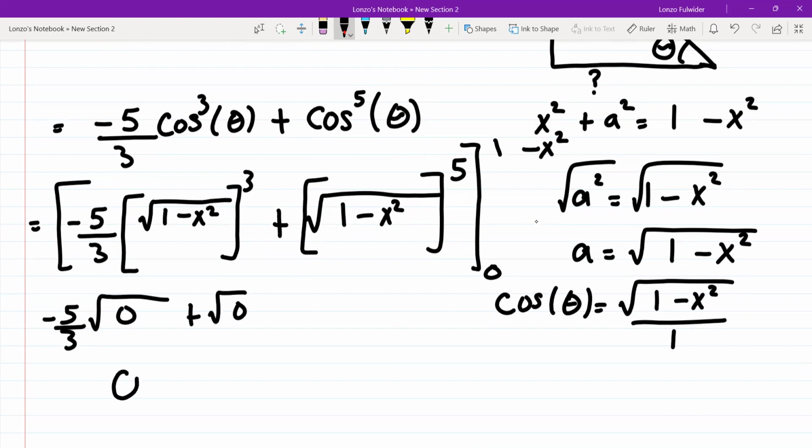So this is just 0 minus, and then I'm going to put in my bracket, and then apply the lower boundary. So plug in 0 for x.